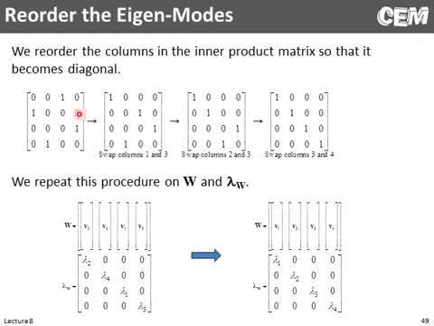So here's that comparison matrix we had from the previous slide. We swap columns 1 and 3, because we want to bring this 1 over to this position. So we've done that. Now we want a 1 in this position, so we actually have to swap columns 2 and 3. So we do that. And now we have 2 1s here, so that's great. We want our next one to be here, so we swap columns 3 and 4.